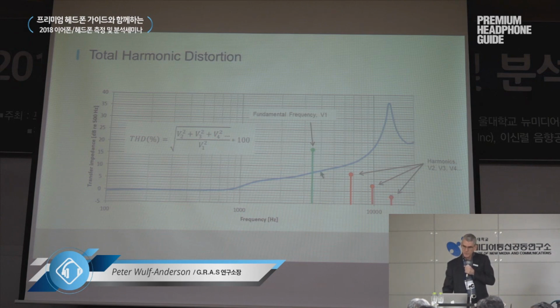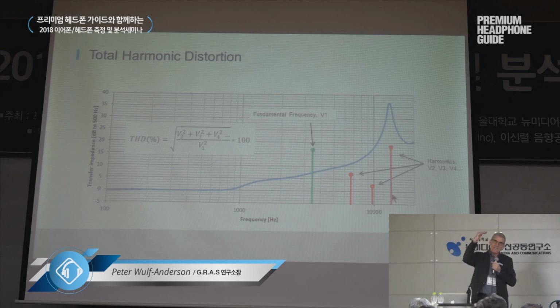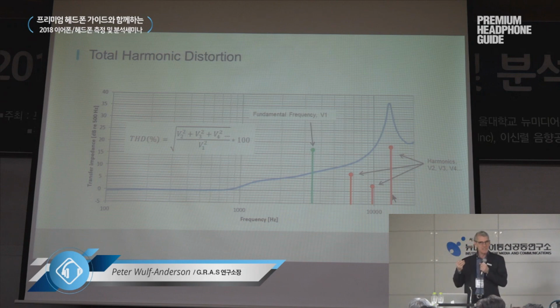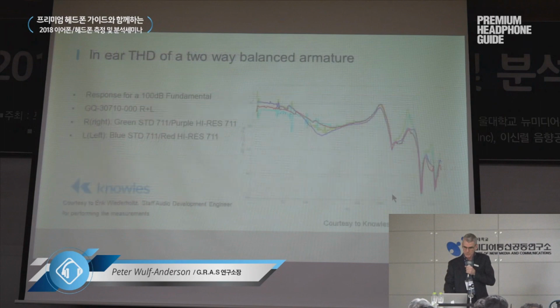But if you are, you could say, unlucky and your fundamental is a fraction of where you have the high Q peak, instead of having a low level right here at the fourth harmonic, what you would actually see is amplified by the high Q peak in the coupler. So you would pick up harmonics that are looking higher than they actually are in the real world. So it will influence your harmonic distortion.